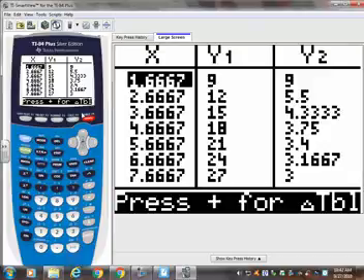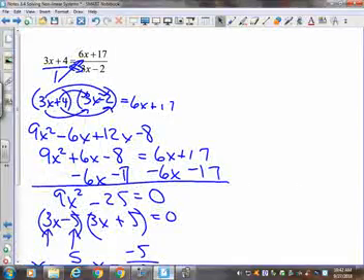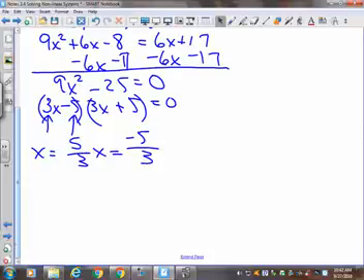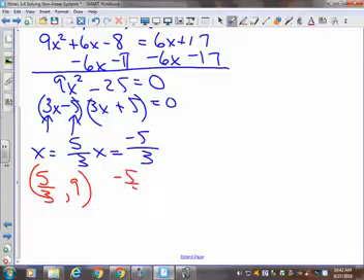And now here's positive 5/3, and they're both 9, which tells me I did it right and that the answer is 9. So when I go back to here, and I want to write my answer, 5/3 goes with 9, and negative 5/3 goes with, what did I say? Negative 1. So you can get that little piece off your calculator, but the rest has to be done by hand.